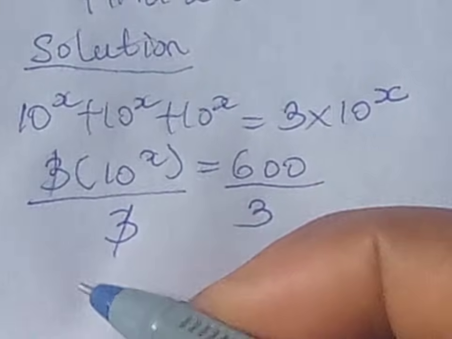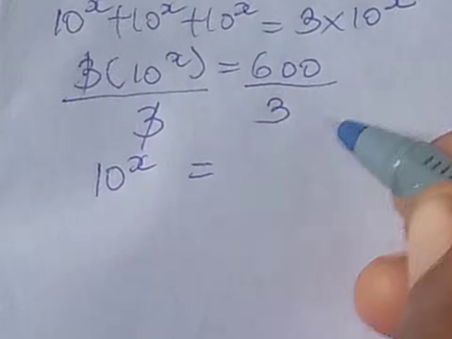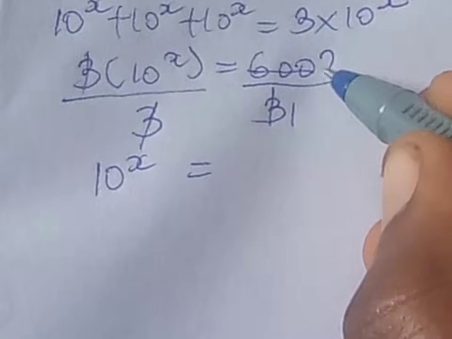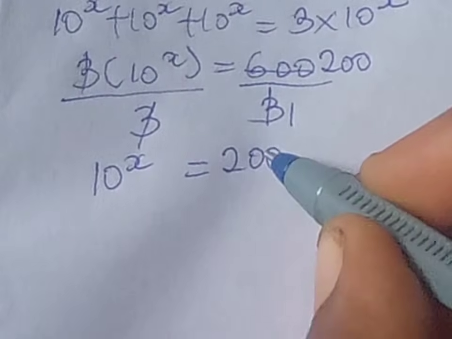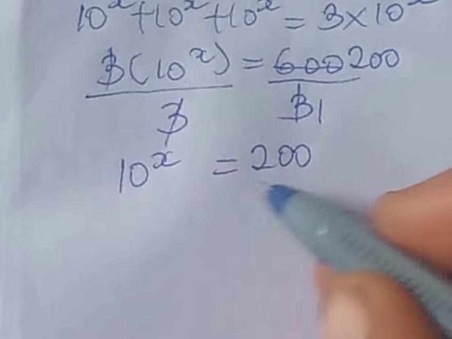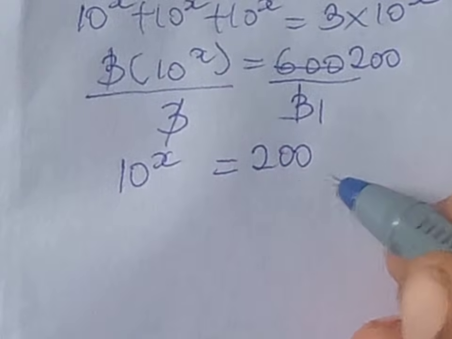On the left side, we are left with 10^x, and on the right side, 3 in 3 is 1, 3 in 600 will give us 200. So on the right side, we have 200 as our result. So our equation is now 10^x equals 200.